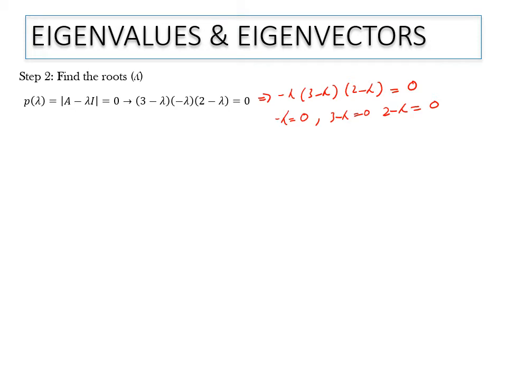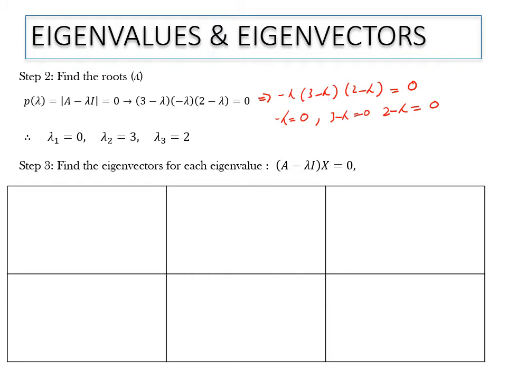When we solve this, we get lambda 1 equals 0, lambda 2 equals 3, and lambda 3 equals 2. This is what we call the eigenvalues. Now for each eigenvalue, we need to find the eigenvectors using A minus lambda I times x equals 0.